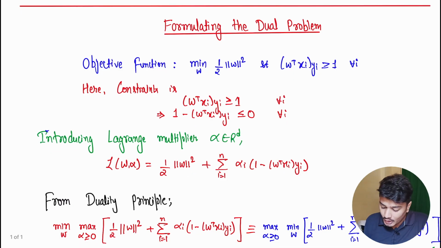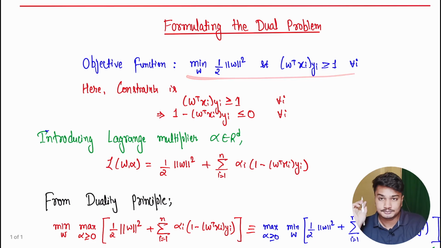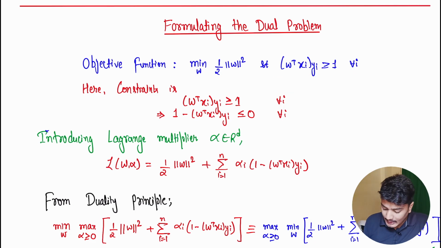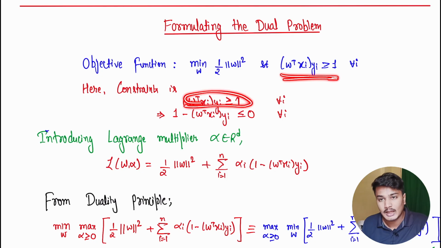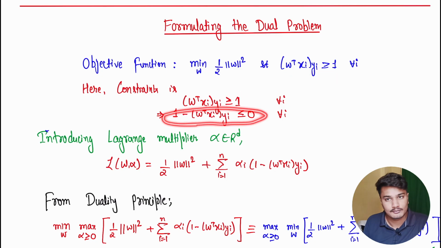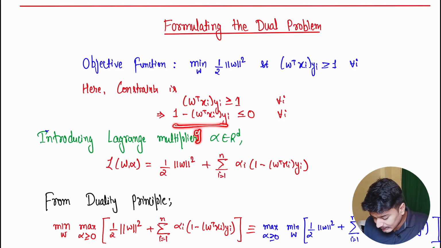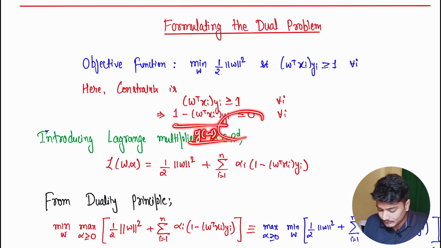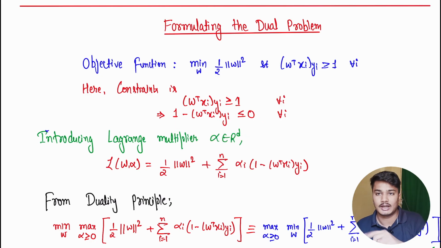The objective is to minimize this. Here the constraint is basically this, and we can write it as 1 minus this, and the whole thing is nothing but g of w. So we got the constrained optimization problem with g of w less than or equal to 0, right?